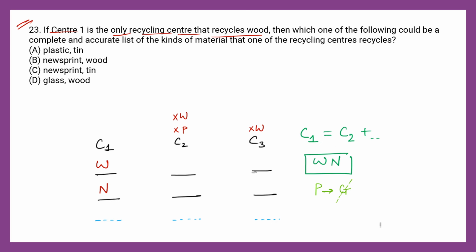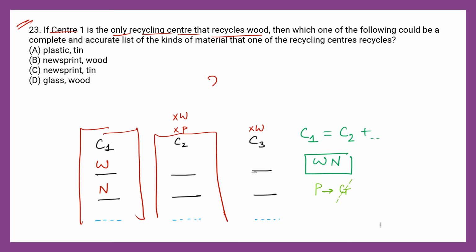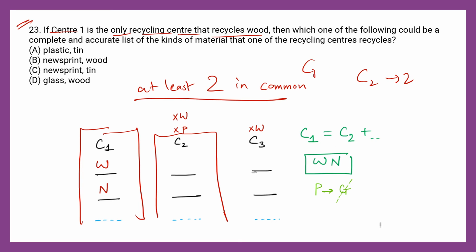Now, you know that C1 and C2 will have at least 2 in common, right? It is possible that maybe C2 might have 2 things and C3 may have 3 things. In that case, C1 is C2 plus something.